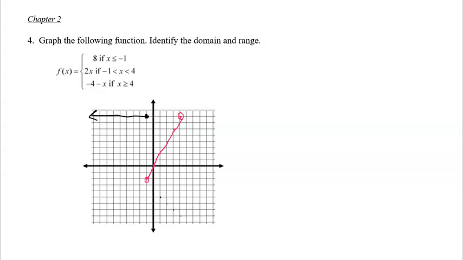But right here at this point is where the x value on that line is equal to 4. It's going to be going greater than 4, and it's also going to include 4. So this is going to be a solid circle, and then I'm just going to show that this is a ray that's going to continue on in this direction.